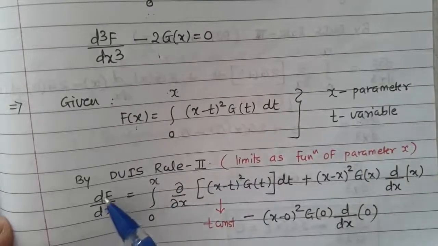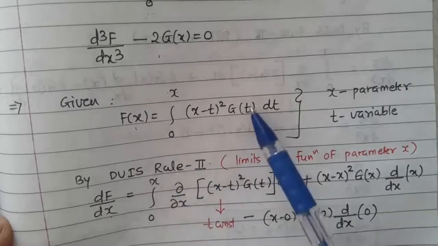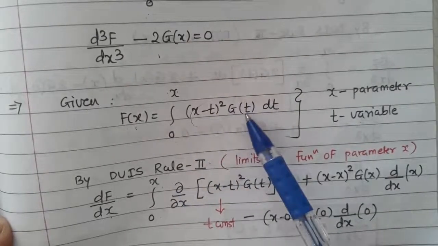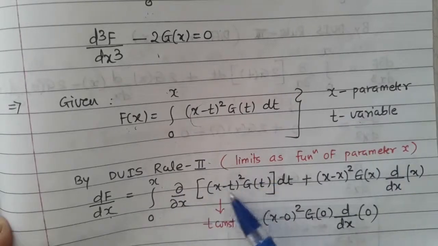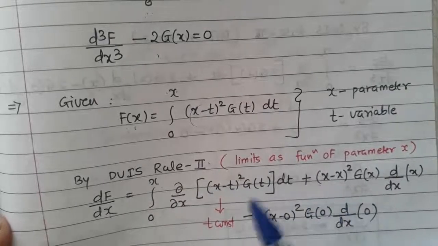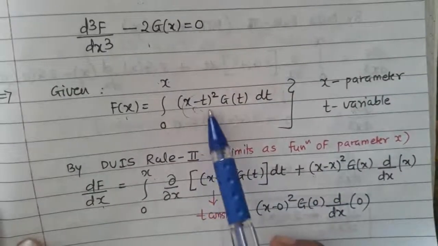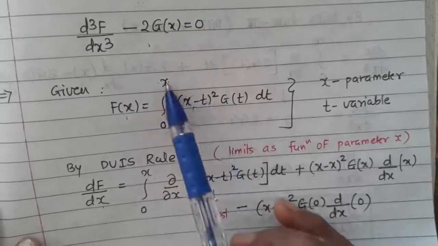Here df/dx is equal to the integral from 0 to x. Take the partial derivative of this function with respect to the parameter x, that is ∂/∂x of this function, integrate with respect to t, plus the value of the function at the upper limit. t is the variable, so replace each t by the upper limit.